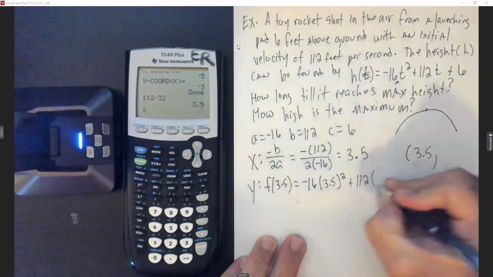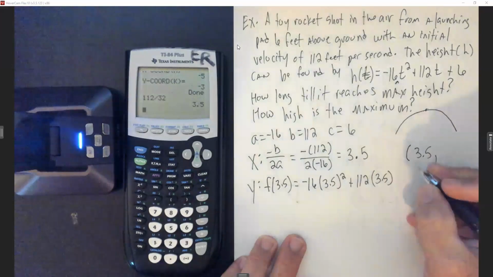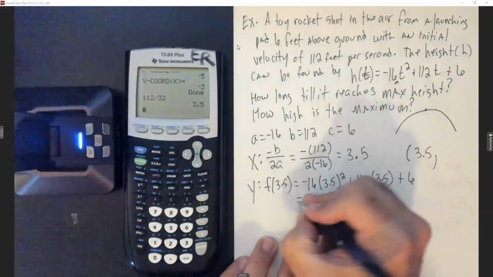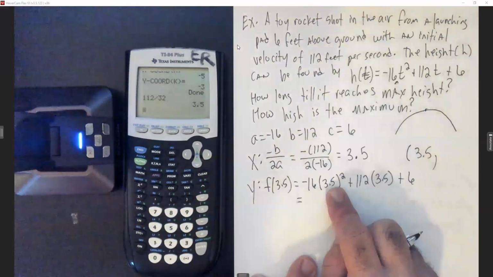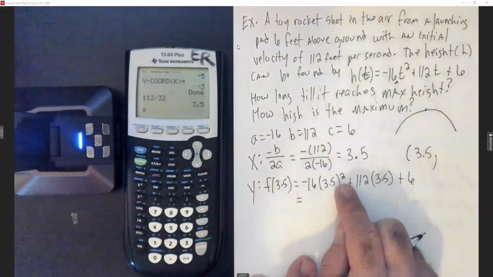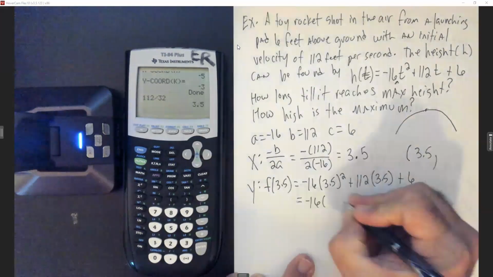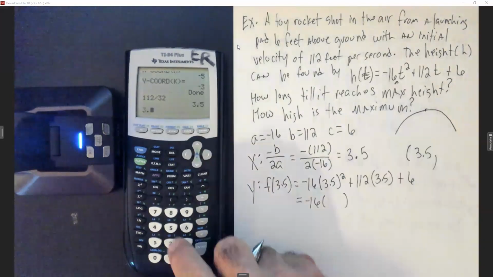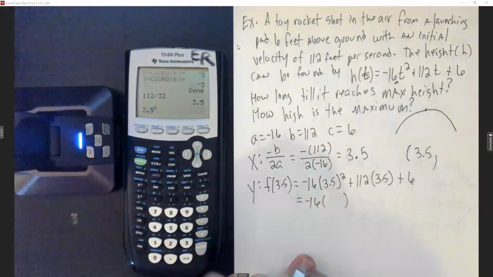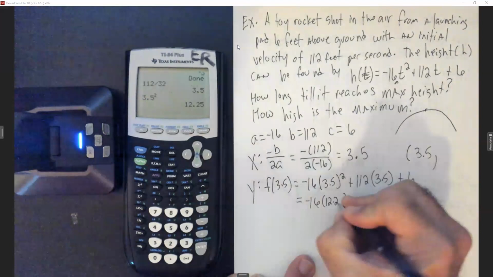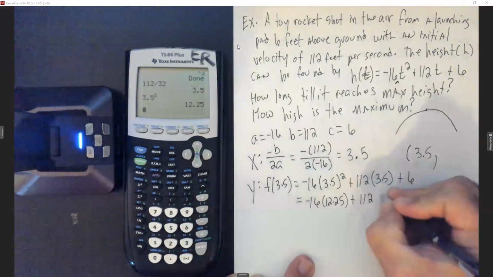All right, so the first thing I'll do, if I was doing it by hand, would be to square the 3.5. So 3.5 squared is going to give me 12.25, plus 112 times 3.5 plus 6.